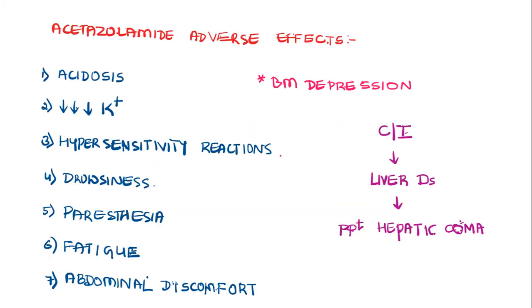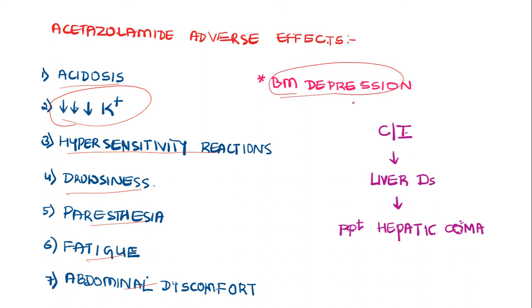What are the adverse effects seen with acetazolamide? It can cause acidosis, and a profound fall in potassium levels, causing hypokalemia. Since it is a sulfonamide derivative, it can cause hypersensitivity reactions, drowsiness, paresthesia, fatigue, and abdominal discomfort. One should be very careful in immunocompromised patients, where it can lead to bone marrow depression, which is rare but a serious adverse effect.